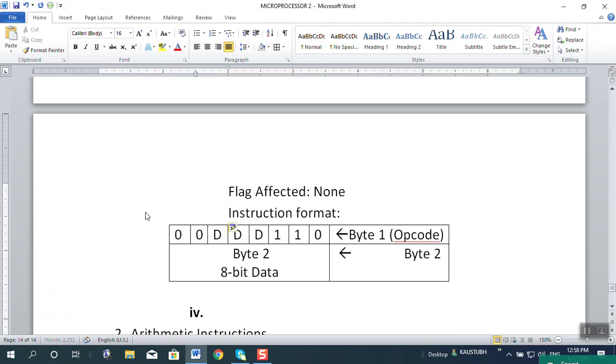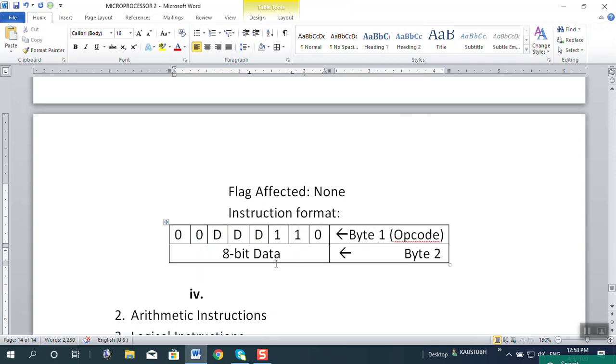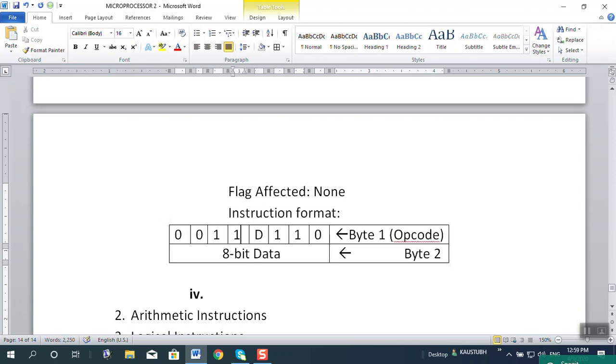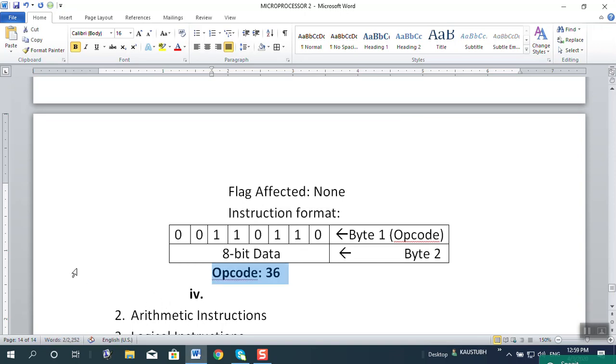Instruction format, and in the instruction format, it is 0 0 1 1 0 1 1 0. So the output here is 36.